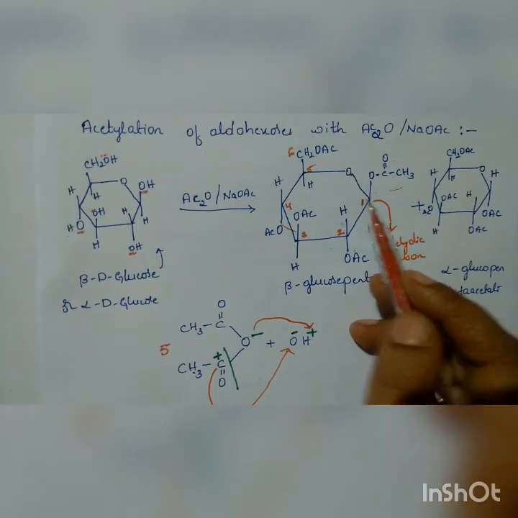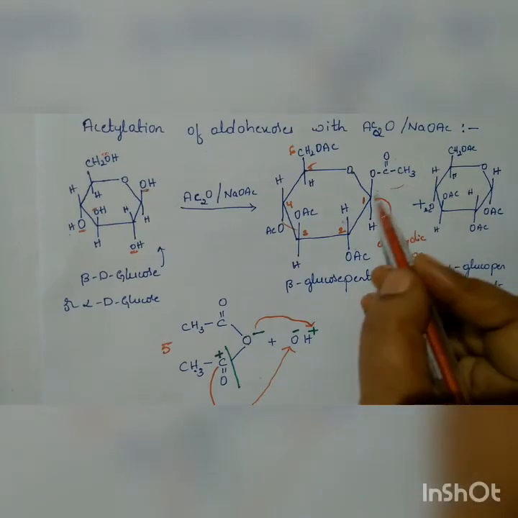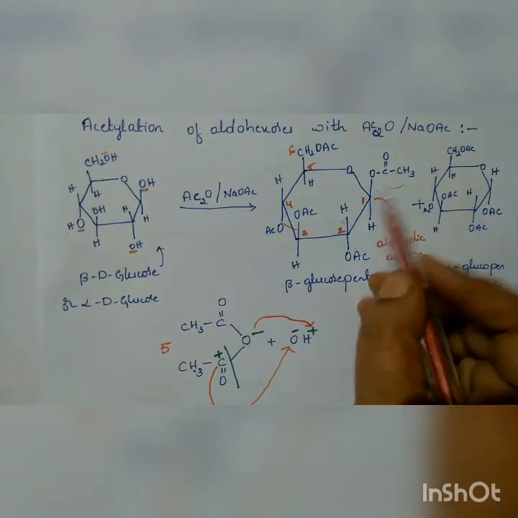So the aldehydic group is not free, because of which it is not showing the characteristic aldehydic reactions. This is the reason why the pentaacetate doesn't show a positive test for Fehling's solution, Benedict's solution or Tollens reagent, or why it is not reacting with Schiff's reagent or with hydroxylamine. It is because it doesn't have a free aldehydic group.